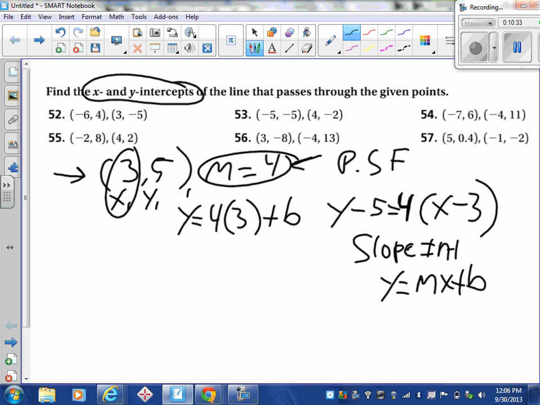What should I write there for the y? 5, right? So I don't need to write the y. I can just plug in 5.